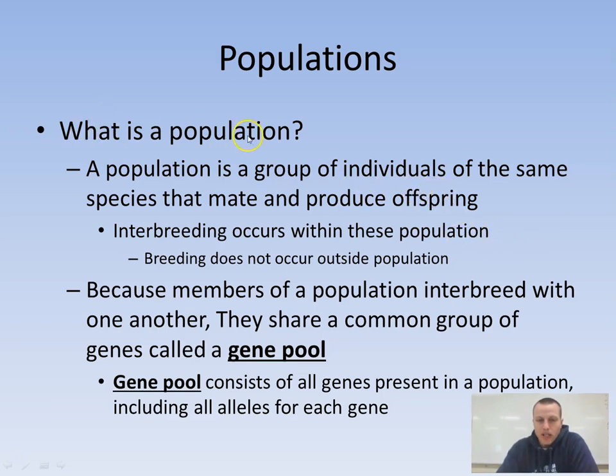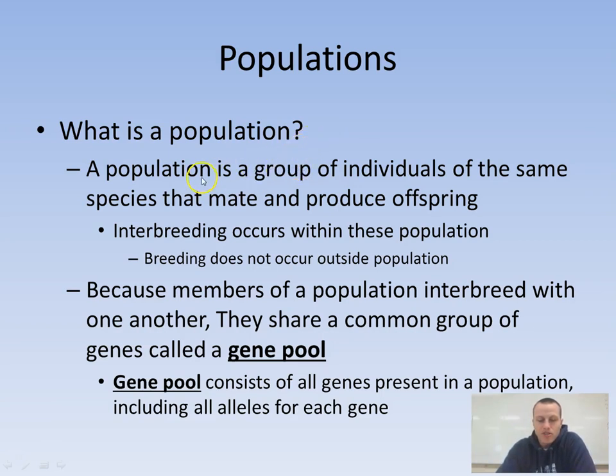All right, so what is a population? That's our new word for today. A population is a group of individuals of the same species that mate and produce offspring. Like I've already said, we have the human population, the deer population, the raccoon population, the butterfly population, whatever it might be.